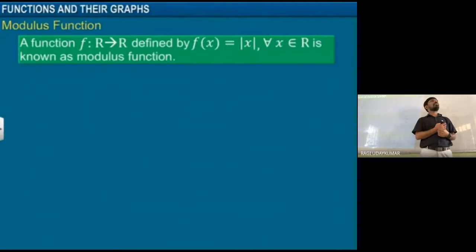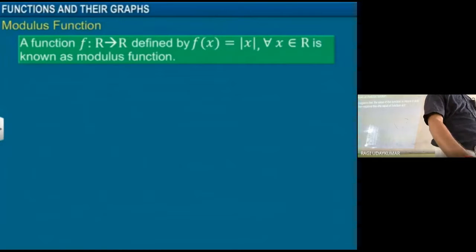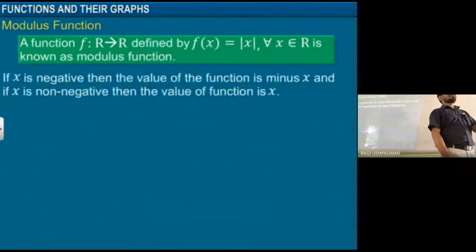Two possibilities. It depends upon the x value. Don't think minus x is negative. It depends upon the x value: if x is negative, then the value of the function is minus x. If x is non-negative, then the value of the function is x.